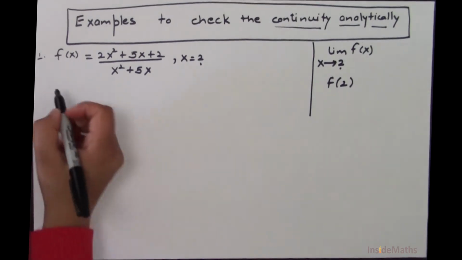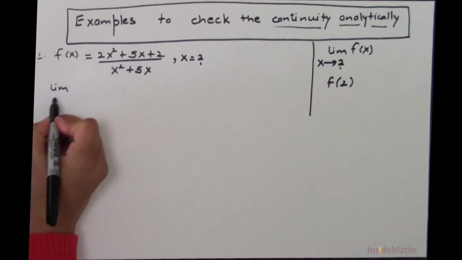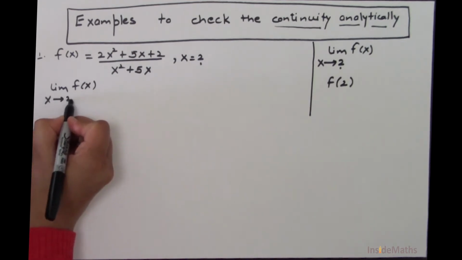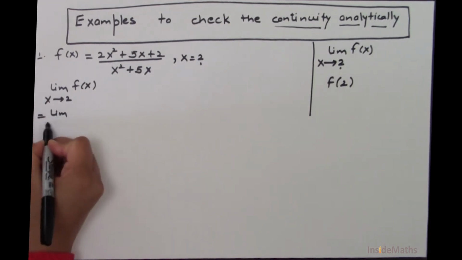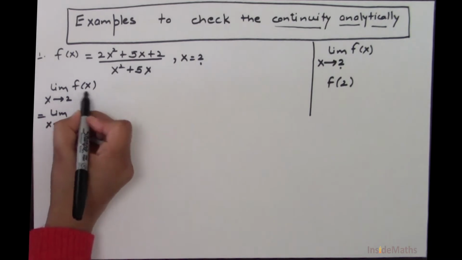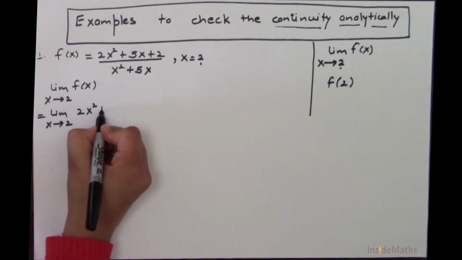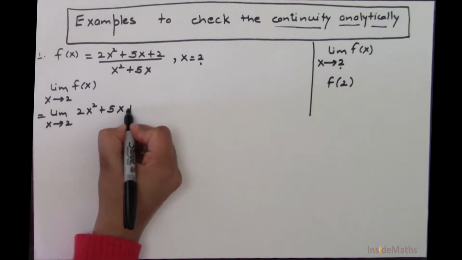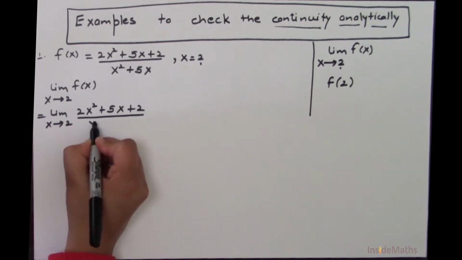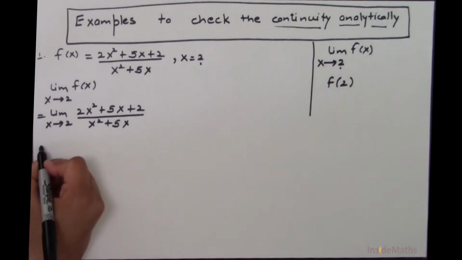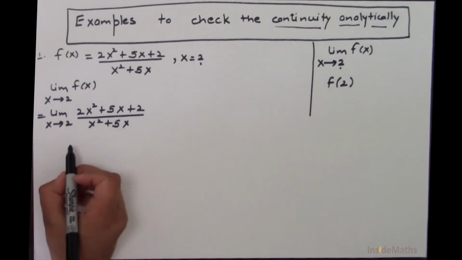So to do that, first we'll check the limit, that is limit f of x at the point 2. So first I'll put the value of the function, which is given by x square plus 5x plus 2 divided by x square plus 5x. Now to solve this limit, I can use the direct substitution method.